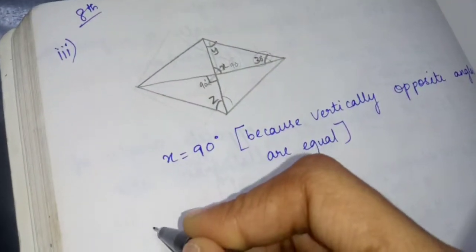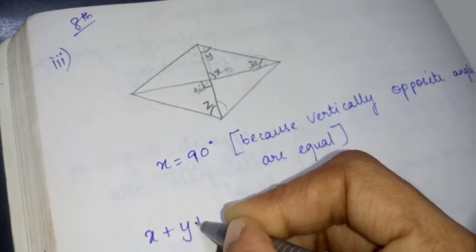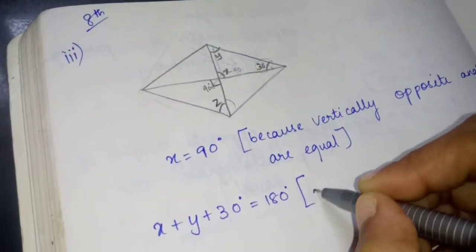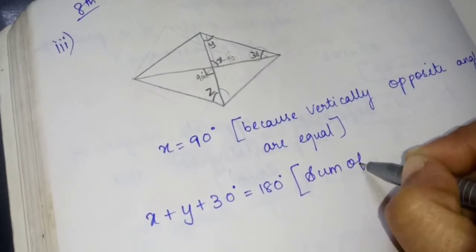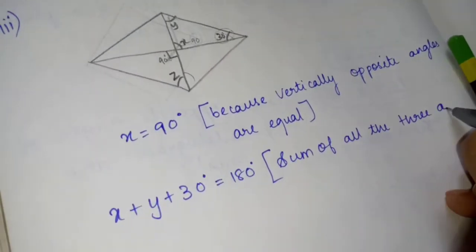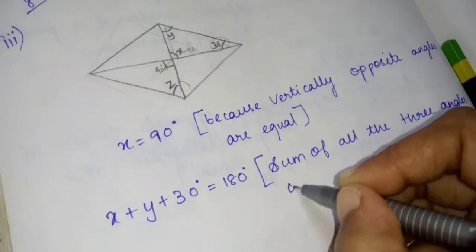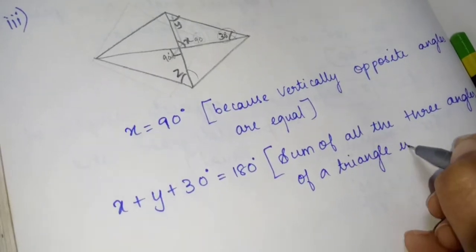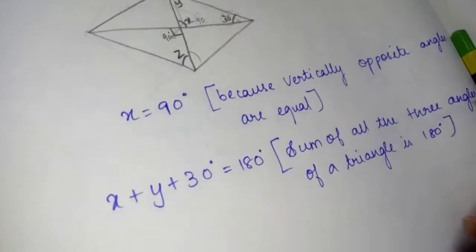So x plus y plus 30 is equal to 180 degrees.